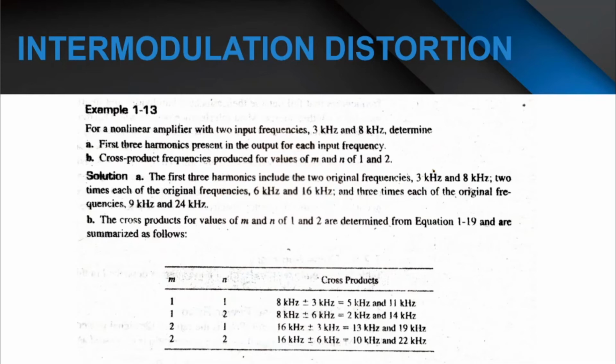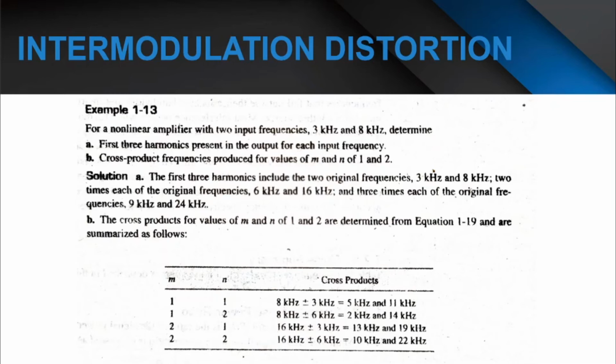Now, let's go to letter B, cross product frequencies produced for values m and n of 1 and 2. Again, ang formula natin dito for cross products ay mF1 plus or minus nF2, in which F1 is greater than F2. So let's see. So as you can see in our solution, in the equation, you can see the m and the n.